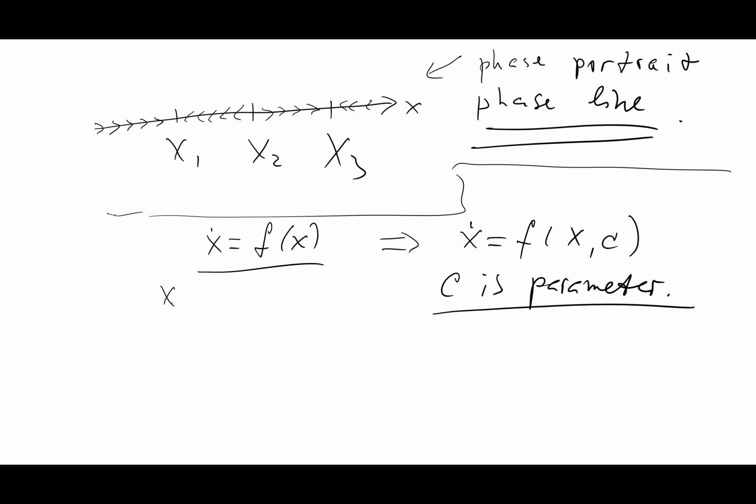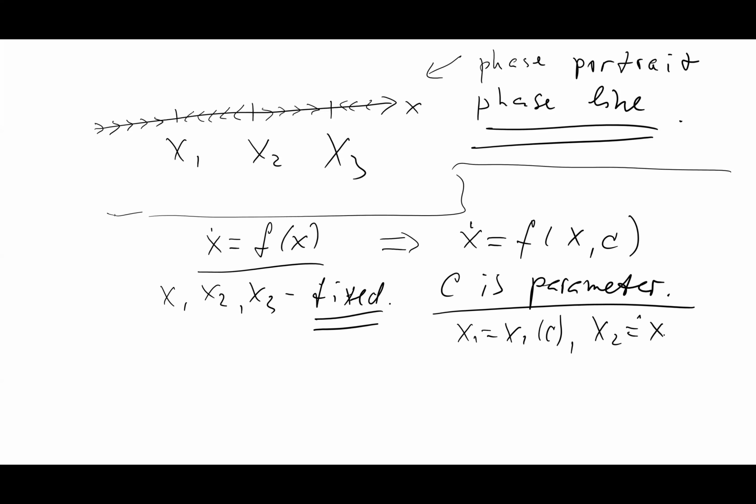Here we had x1, x2, say x3 fixed. These equilibria were fixed, but now x1 depends on parameter c, and x2 also depends on parameter c.